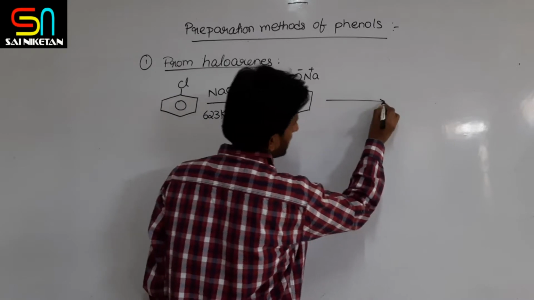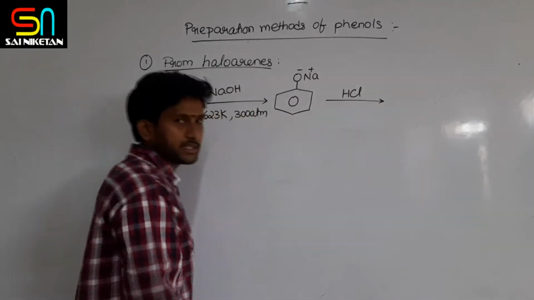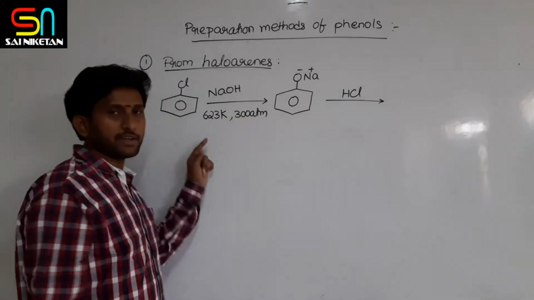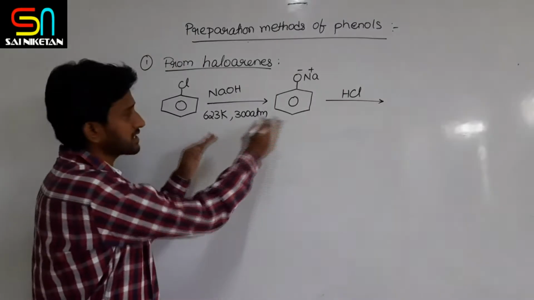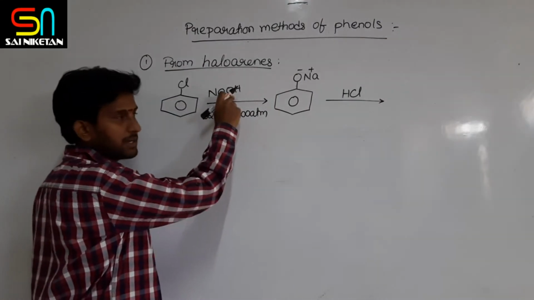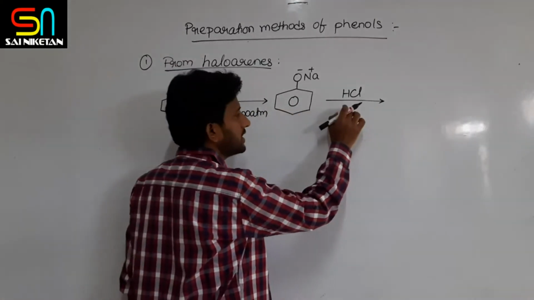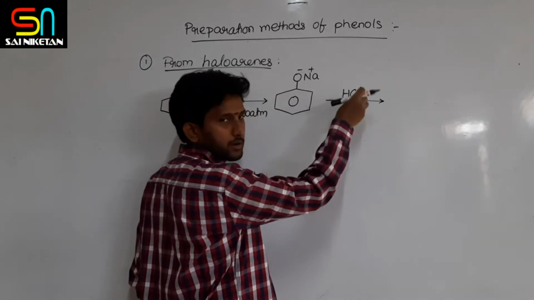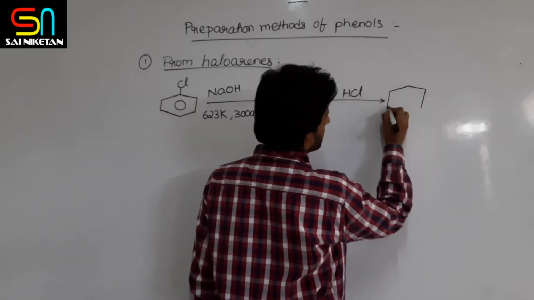Sodium phenoxide on reaction with acid. There we have written first NaOH, second H plus. The same thing we are splitting into two steps. Chlorobenzene first reacts with sodium hydroxide, it will form sodium phenoxide. Sodium phenoxide on reaction in acidic medium, or with HCl, you will get phenol.